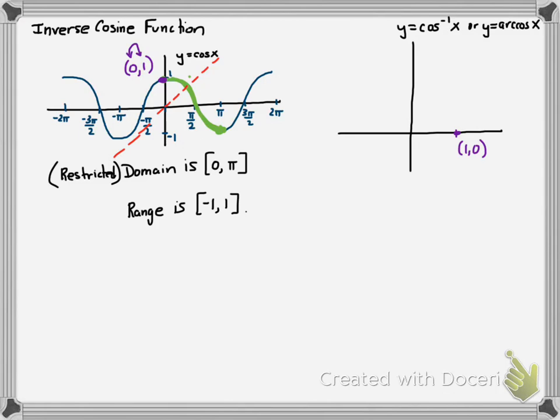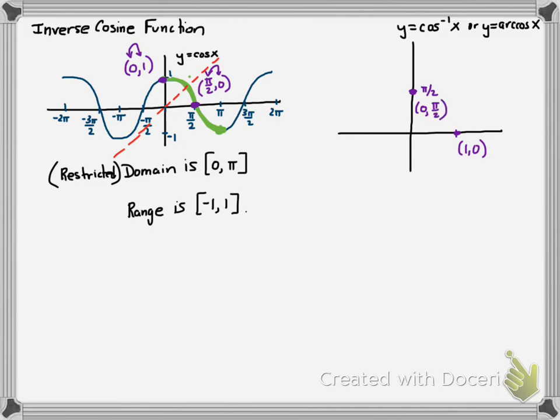All right, so there is one of our points. The next important point on our original cosine function is the point pi/2, 0. So when we flip-flop the x and y for our inverse graph, we have 0, pi/2. All right, so here is pi/2 on the y-axis, and here is our point 0, pi/2.